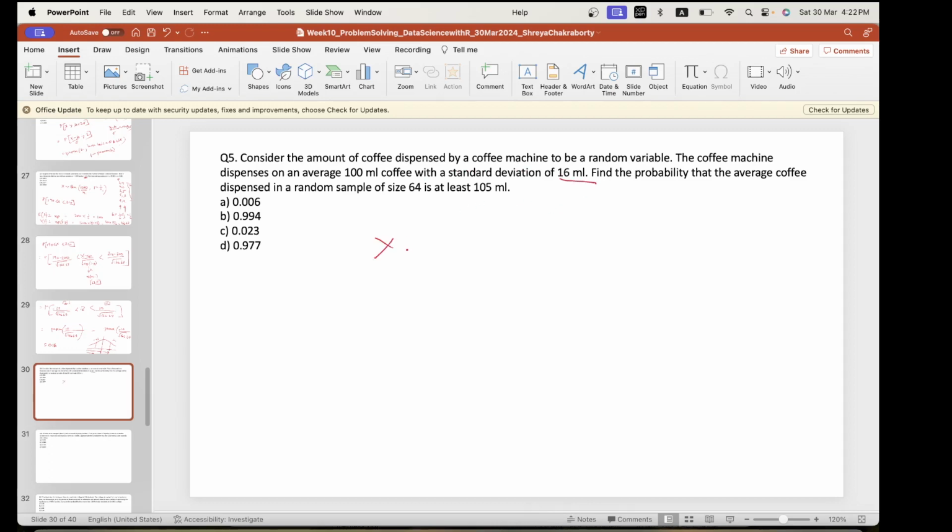So if x follows some distribution, on an average mu is 100 and sigma is 16. Find the probability that average coffee dispensed in a random sample of size 64 is at least 105 ml.